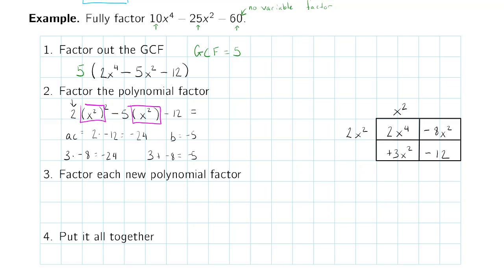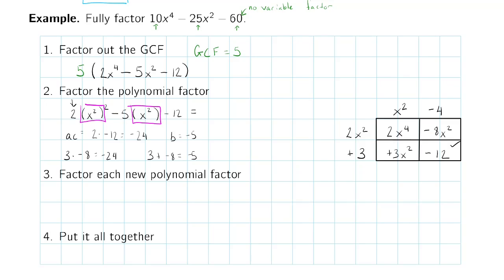That's going to be an x squared. 2x squared times what gives us negative 8x squared? That's going to be a negative 4. X squared times what gives us a positive 3x squared? That's going to be a positive 3. And finally, we check. Positive 3 times negative 4, does that give us a negative 12? It does.